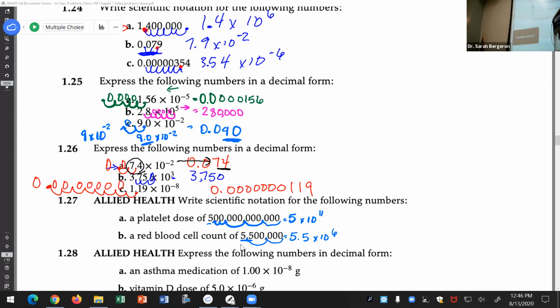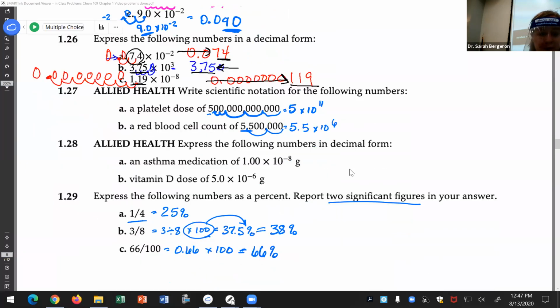Here, the decimal's absent, so we're going to come in this way. We have 3, and that's what we had here. Decimal's present, so we're coming in this way. We have 3, and we started with 3. So you don't really have to worry about it, because scientific notation tells you that you have that many significant figures, right? Okay.